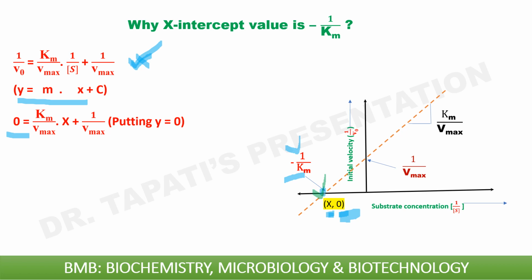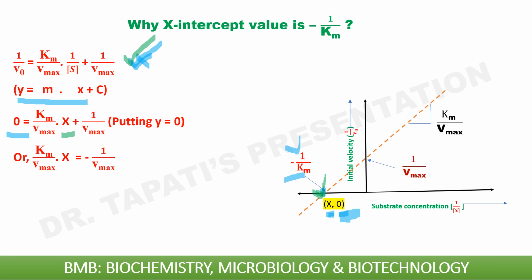So we are putting 0 in this equation. So we will get 0 is equal to Km by Vmax into x, if you imagine x is the x-intercept value, plus 1 by Vmax. Or you can write this equation as Km by Vmax into x is equal to minus 1 by Vmax.